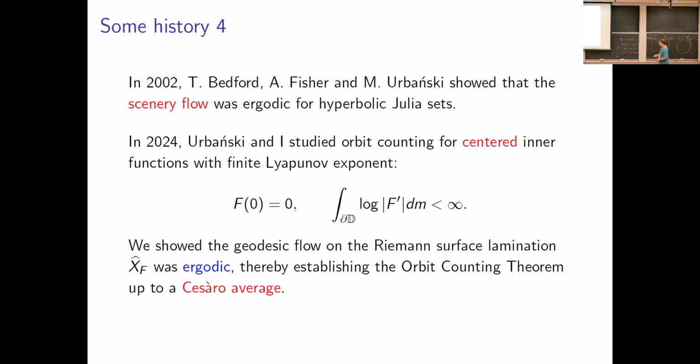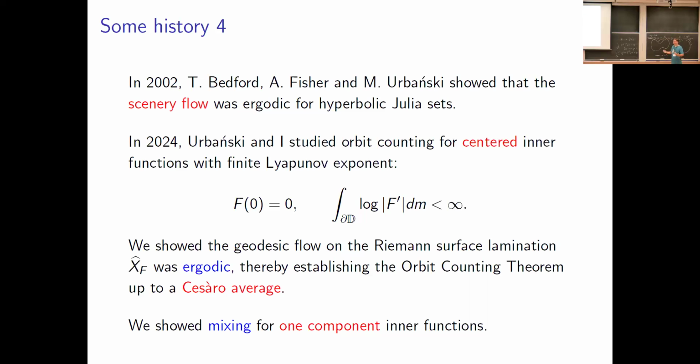We proved ergodicity of the geodesic flow, and this led to showing the orbit counting theorem up to a Cesaro average, so up to some additional averaging, which I will not describe. We have a partial result for the general orbit counting theorem. So I asked Mariusz whether one can use the same set of ideas verbatim to handle rational maps.